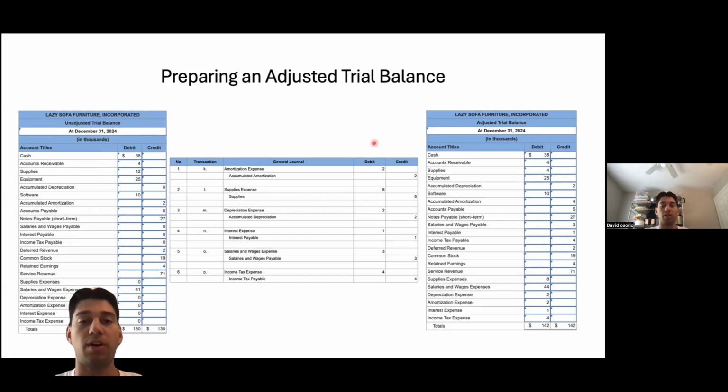We add up all the accounts that are affected by the adjusting entries. So for example, we have here on K, amortization expense. We have amortization expense here of 0. We do +2, and then we have amortization expense of 2 at the adjusted trial balance. And we do the same thing for every single affected account.